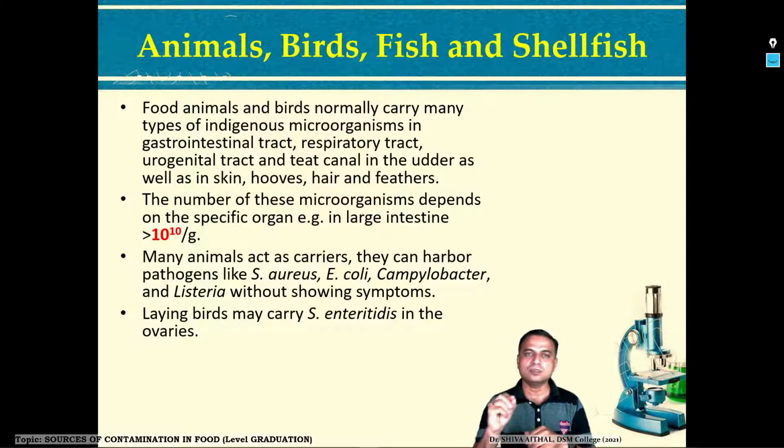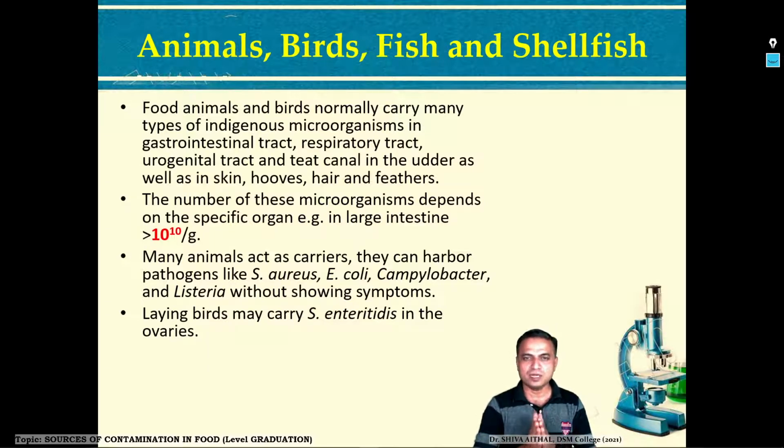All their body parts are exposed to either air, soil or water. If it is seafood, it will be exposed to water. If it is an animal like sheep and lambs, they will be exposed to soil. So this brings in microorganisms.